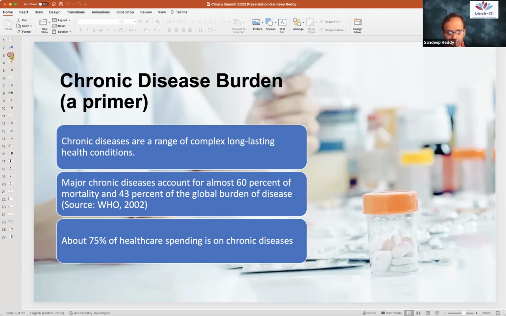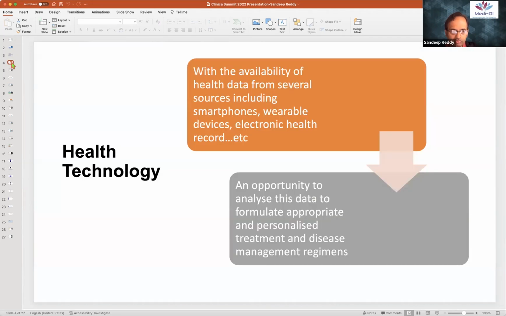And then when you look at healthcare spend, about 75% of the healthcare spend is on chronic conditions. So you can start to fathom that this is really a huge burden and there don't seem to be any solutions coming through. However, with the emergence of various health technologies, it seems it's the right time for us to explore these technologies to address this huge chronic disease burden.